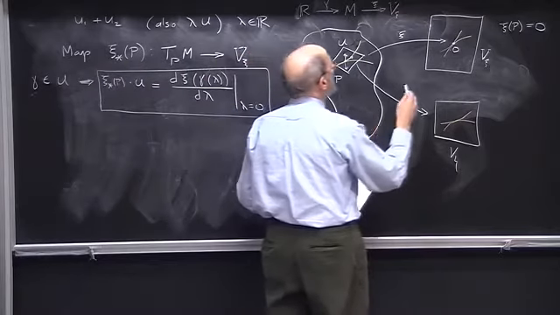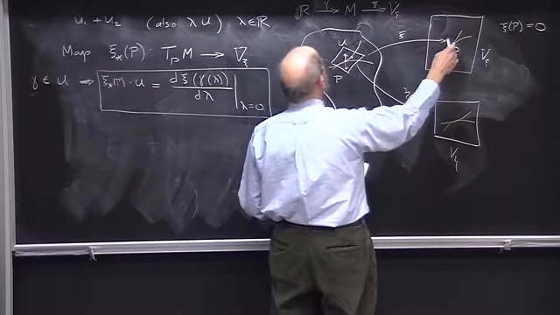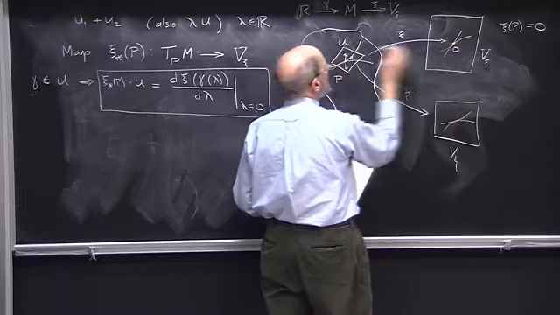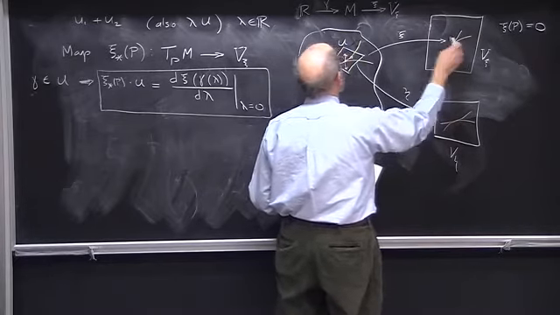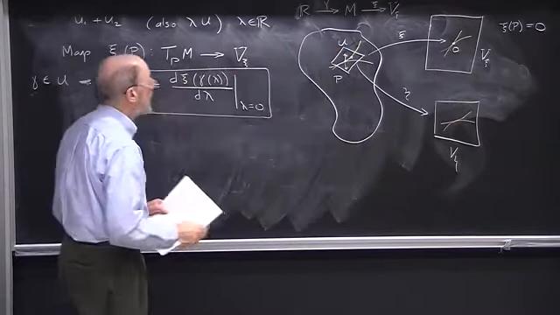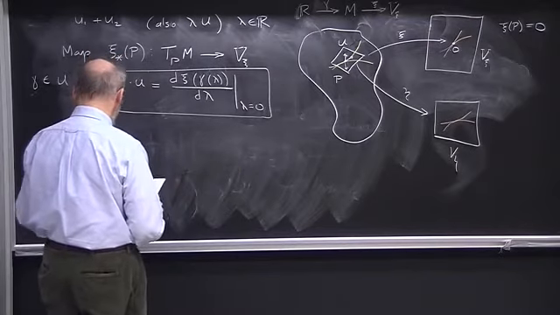If that's true, then if we want to add two vectors here, we just push them forward here, add them, and then pull the sum back to the tangent space.